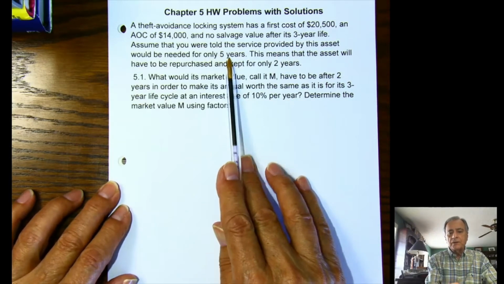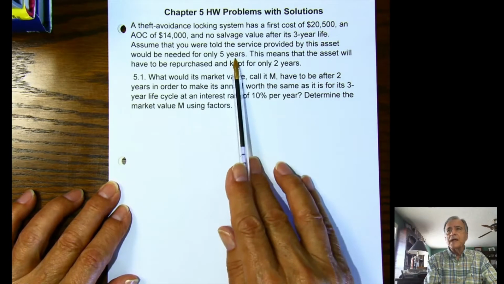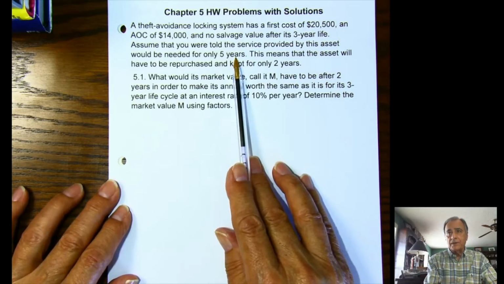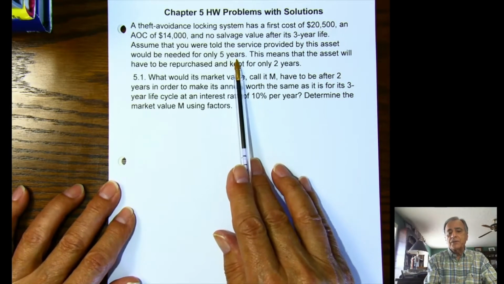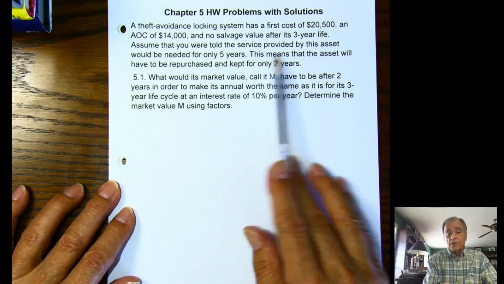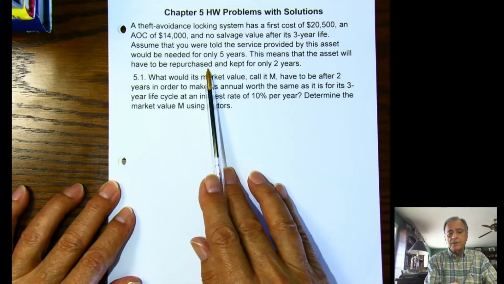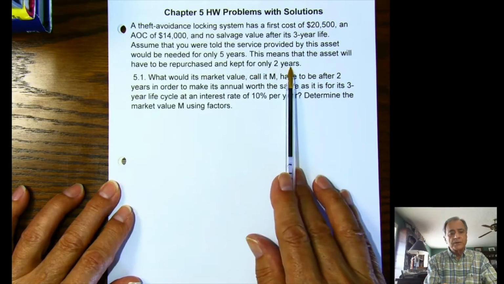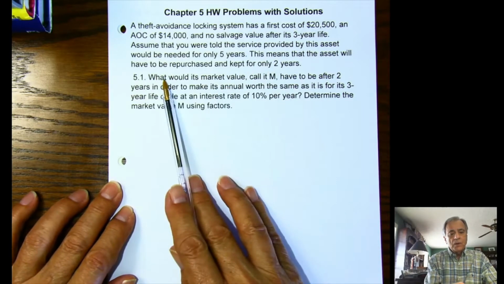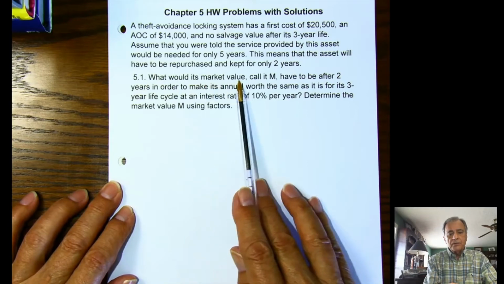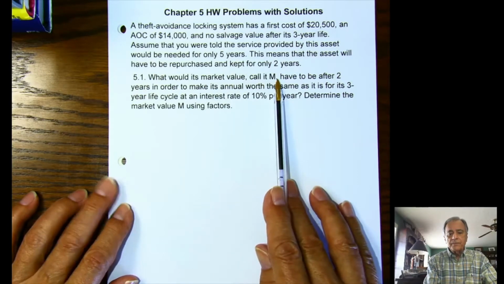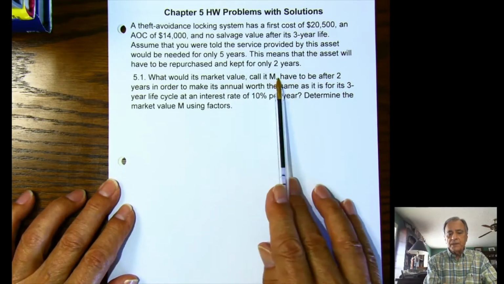So this thing only lasts 3 years. So we're going to have a second cycle of it to get us through year 5. This means that the asset will have to be repurchased and kept for 2 more years. What would its market value, call it M, have to be?